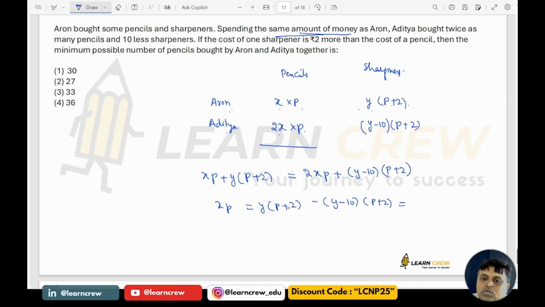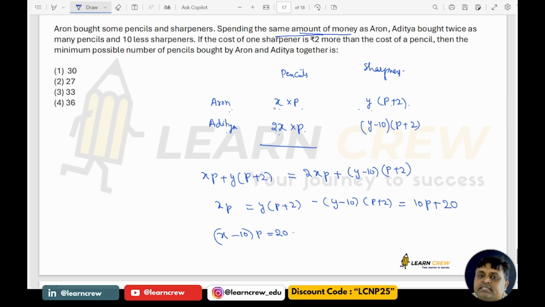Here you have 2Y, here minus 2Y, cancel. So what is remaining finally? Minus into minus plus, 10P plus 20. XP is equal to 10P plus 20. So X minus 10 into P is equal to 20.